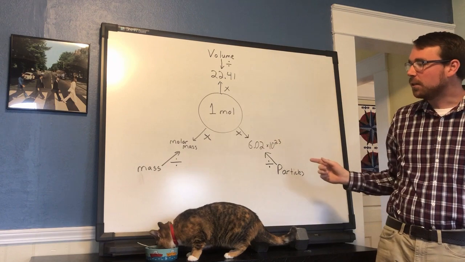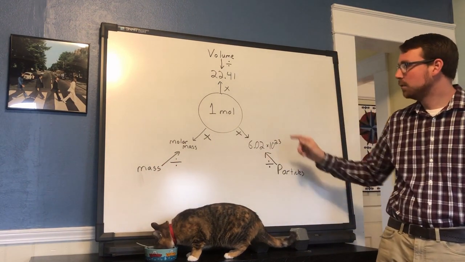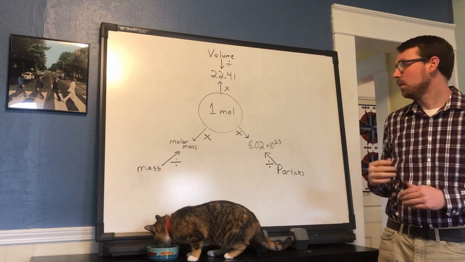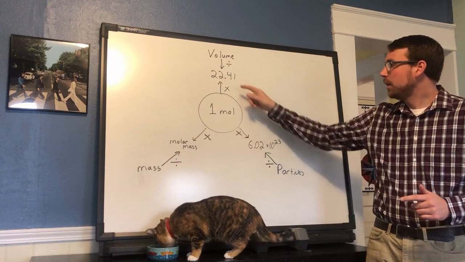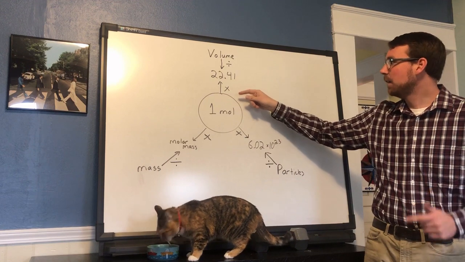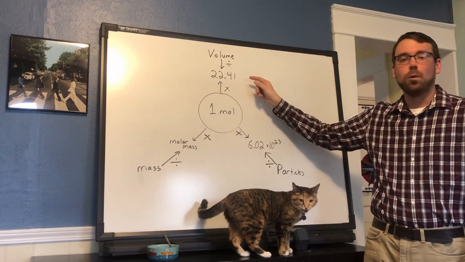We cannot convert, for instance, directly between mass and particles without first passing through the unit of the mole. Whenever we are leaving the unit of the mole, we are going to be multiplying by our conversion factor. So when we leave and we want to go to volume, we will multiply by 22.4 liters.